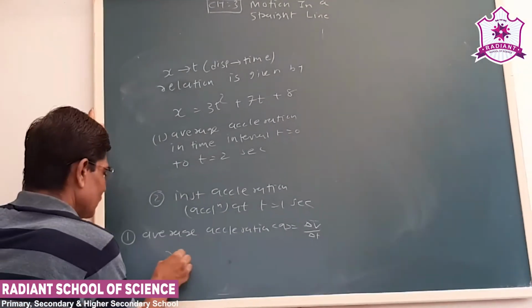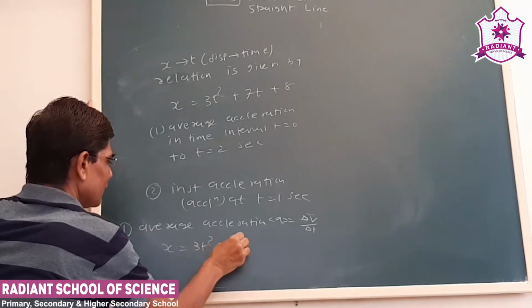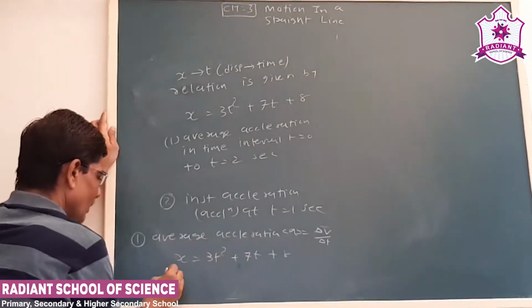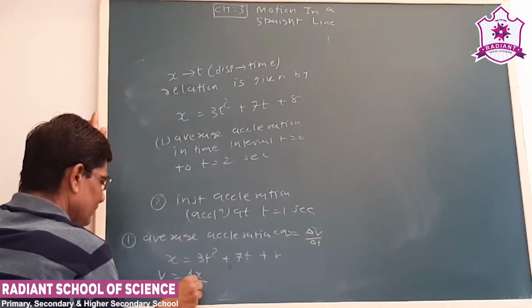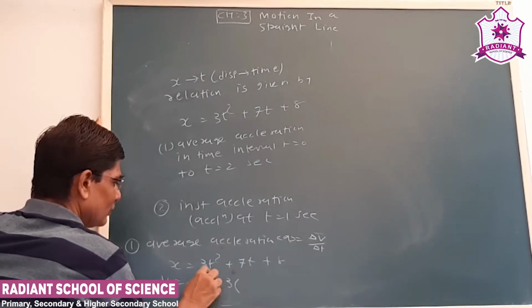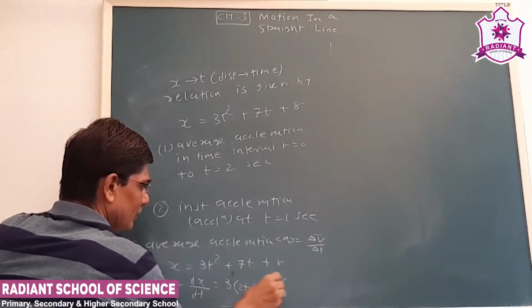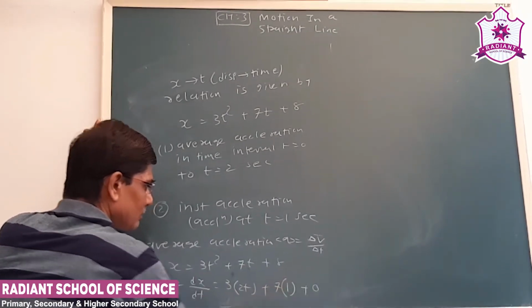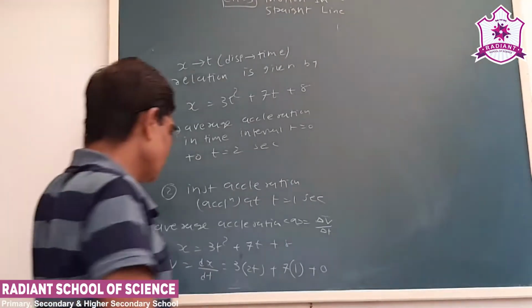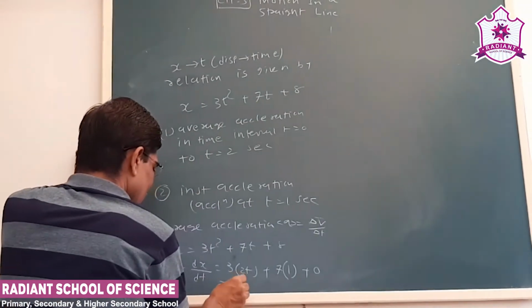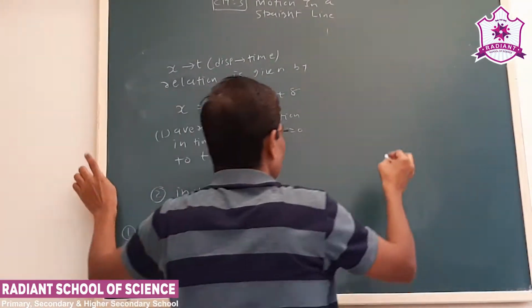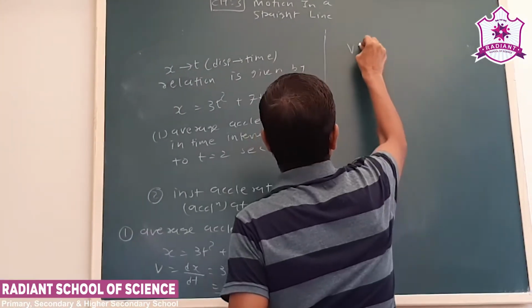Now x is equal to 3t square plus 7t plus 8. So v is equal to dx by dt. 3 times the derivative of t square is 2t, you know very well. 7 times the derivative of t is 1. 8 is a constant term, its derivative is 0. So what we get here is 6t plus 7.